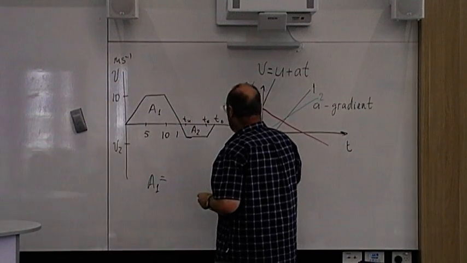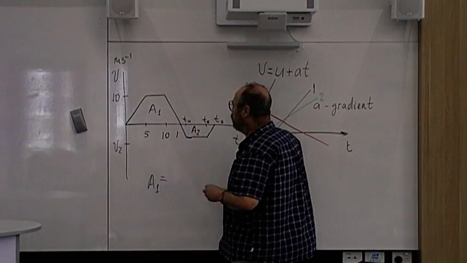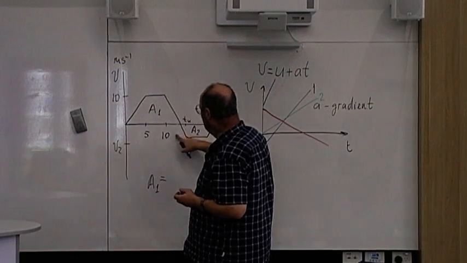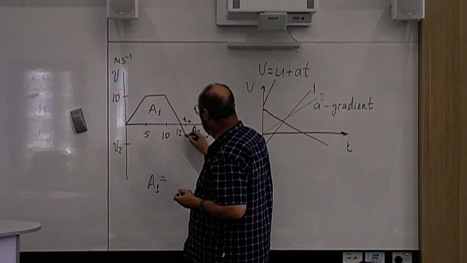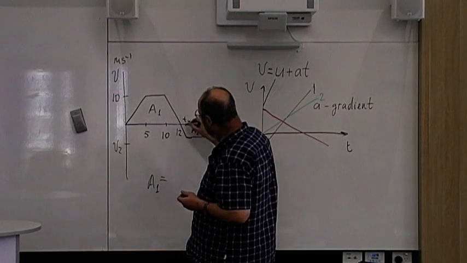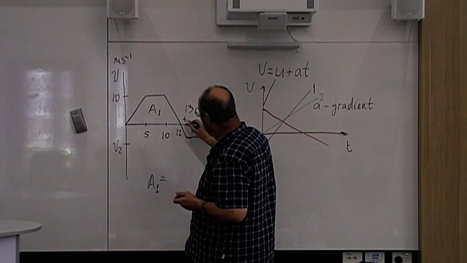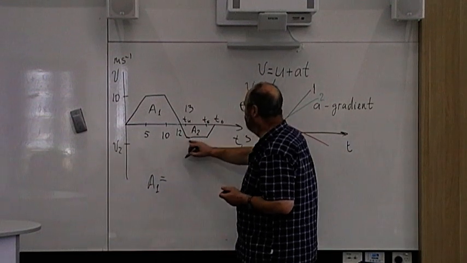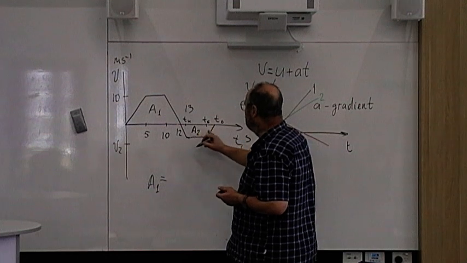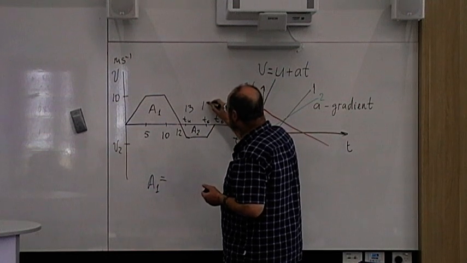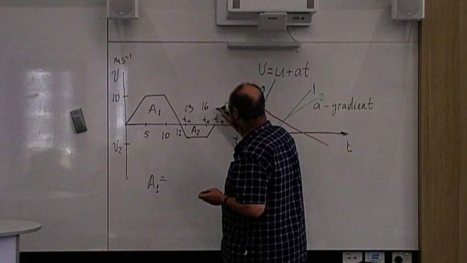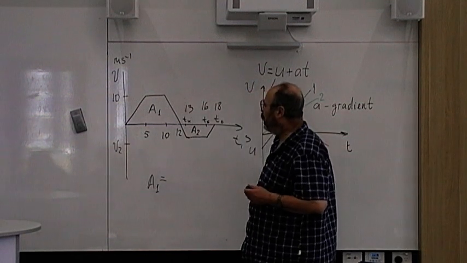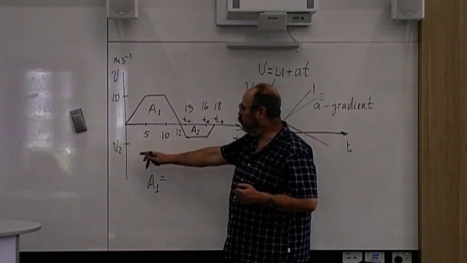This is in seconds, so it goes from 10 to 0. Let's say this will be 12, T4 will be 13, and then this will be 16, and that will be 18 seconds.